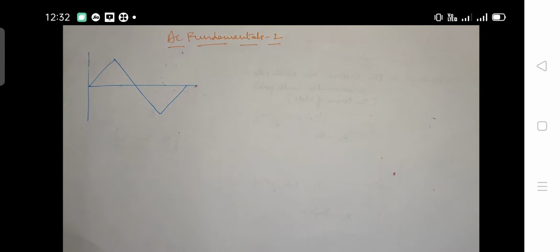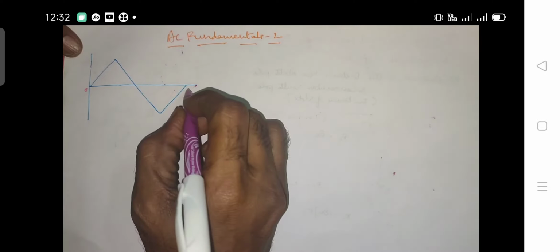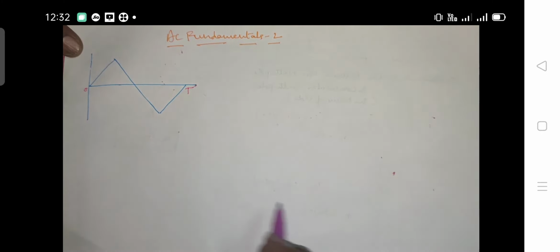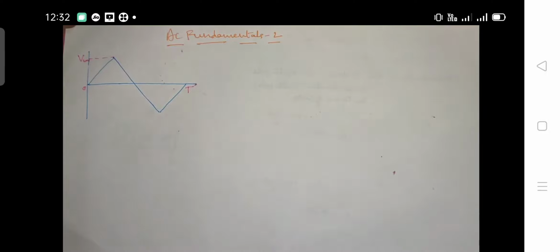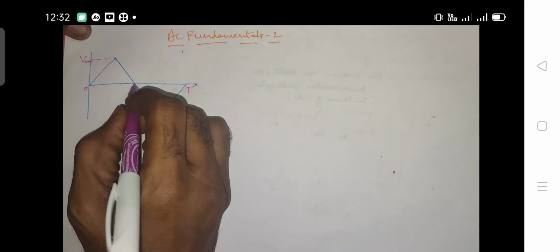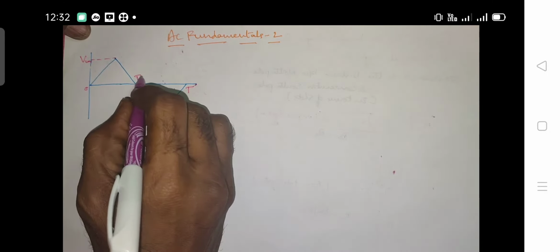First of all, let me consider the triangular wave here, which has a period of 0 to T, and let us suppose the maximum value of this waveform is Vm, and this point will be T by 2.